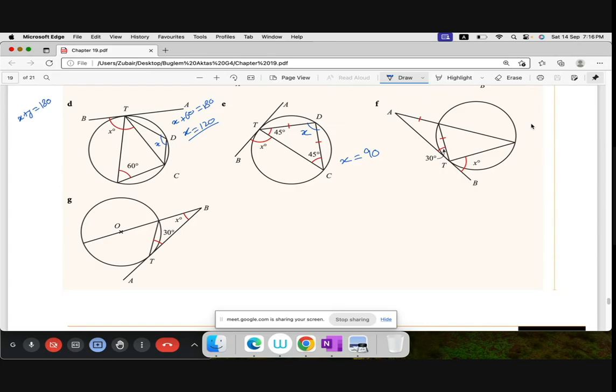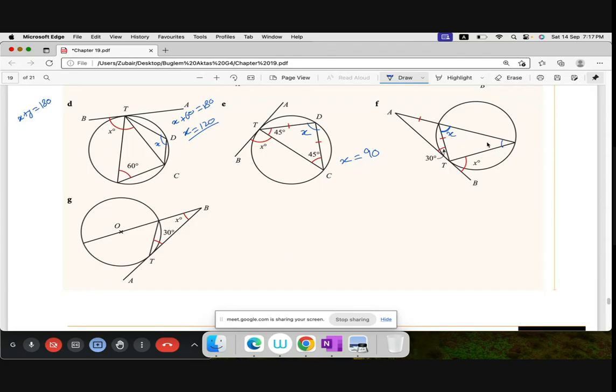It's touching the line, so it'll be that way, and that's a 30. I know that the 30 degrees is to the line that's opposite to it, and then, okay, what should I write here? That would be x. And what should I write here?